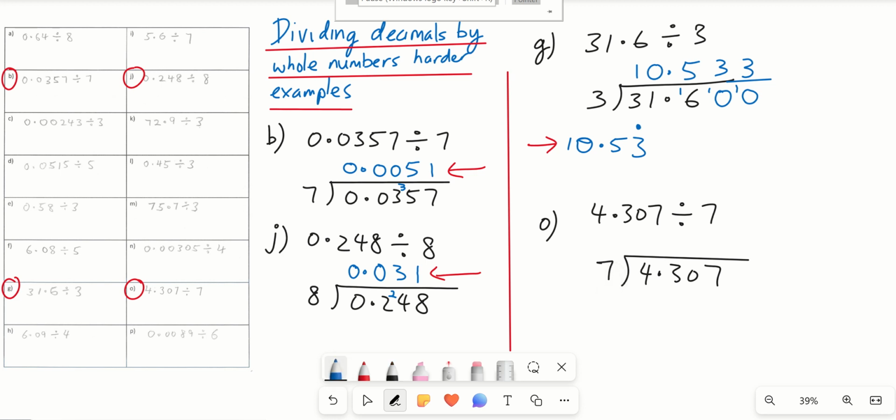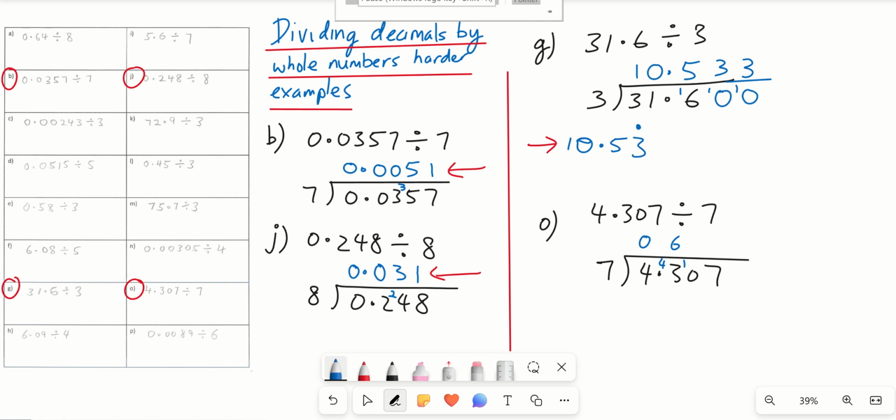So again, starting from the first digit, we know that 0 sevens are going into 4, which gives us a remainder of 4, which is combined with 3 in the next column to form 43. And we know that 6 sevens go into 43, giving us 42, which gives us a remainder of 1.